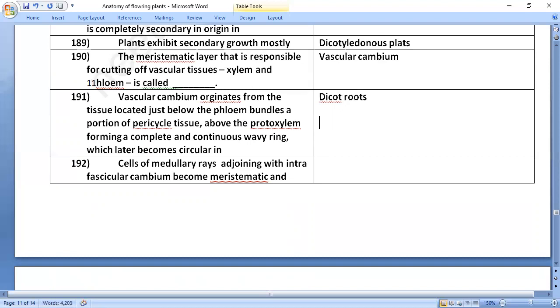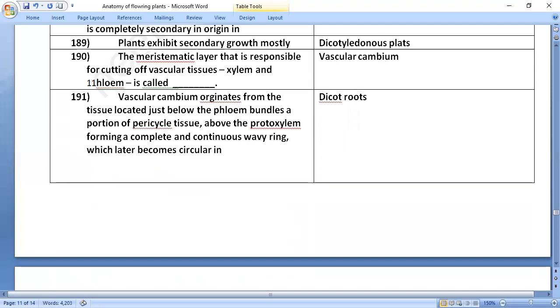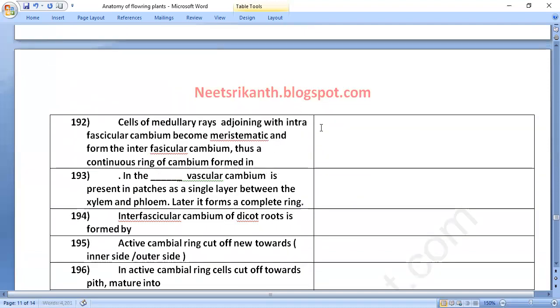Cells of medullary rays adjoining the intrafascicular cambium become meristematic and form the interfascicular cambium, thus a continuous ring of cambium is formed in dicot stems.